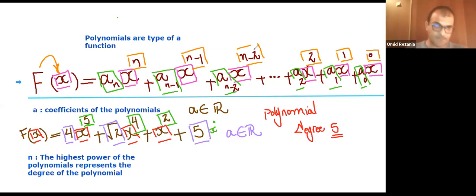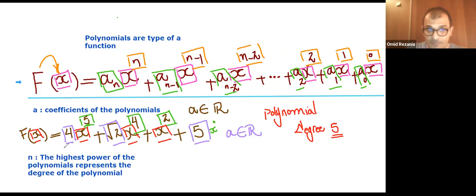Now, when we talk about polynomial degrees, we have a polynomial of, for example, degree 5 here. The coefficient of the highest power, which in our case is 5, is how much? It is 4.